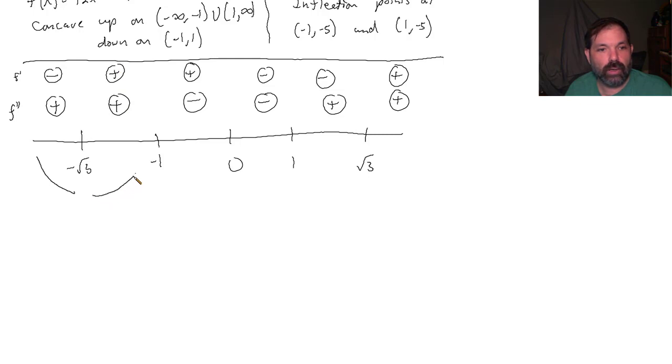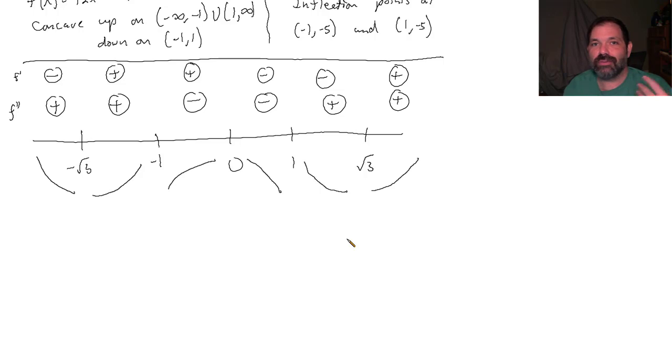Then it's increasing and concave down. Decreasing and concave down. Decreasing and concave up. Increasing and concave up. That's the basic shape of the curve over each of those important intervals.